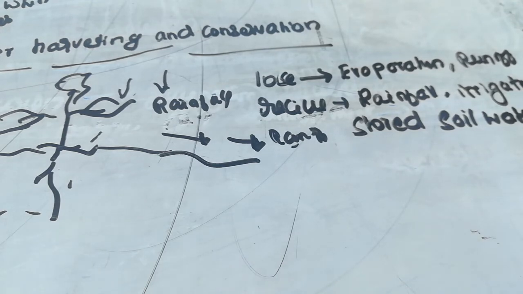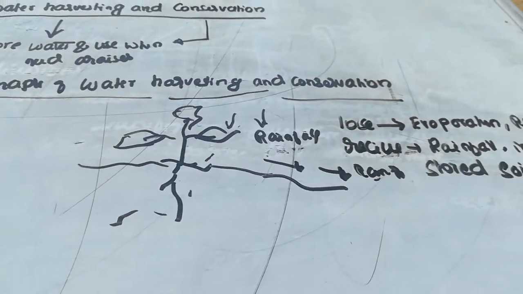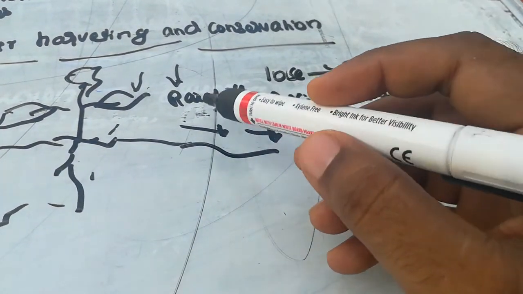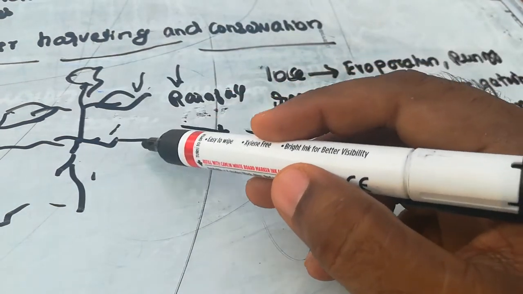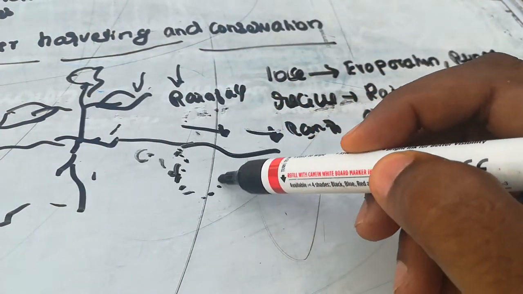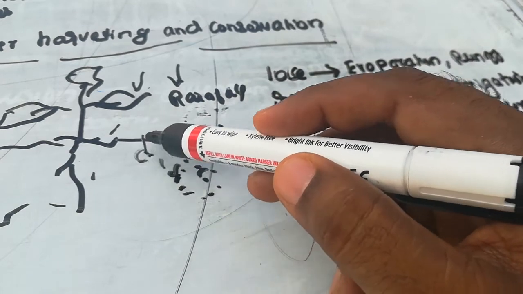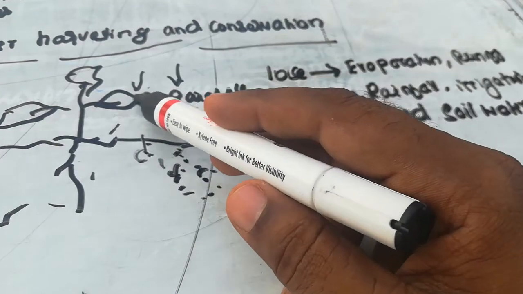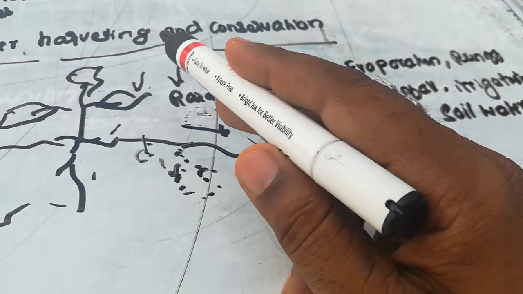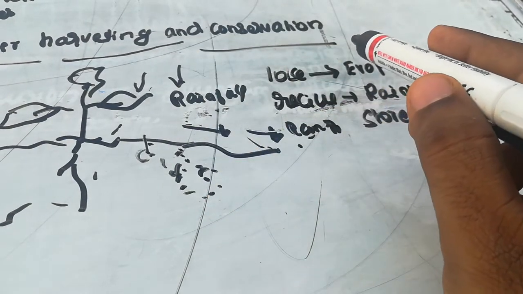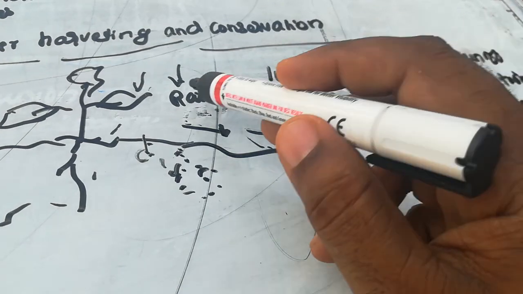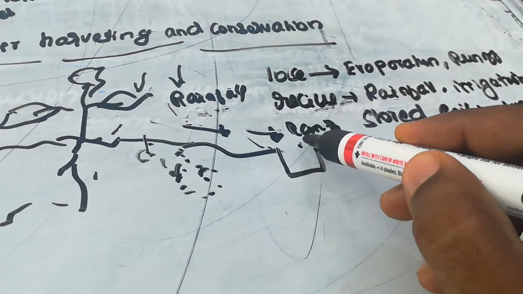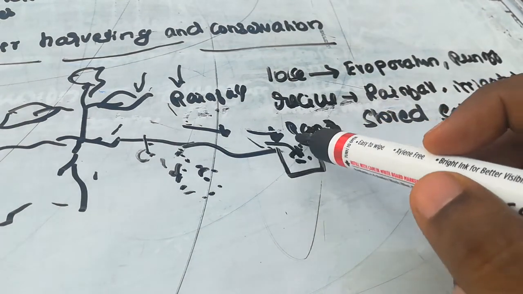When the soil is fully filled with water, there is no infiltration, so the water is converted into runoff, which is also a loss of water. Evaporation is water converting from liquid state to gaseous state. Drainage: if it is a paved surface, the water directly converts into runoff and goes away. So that is all the water lost.